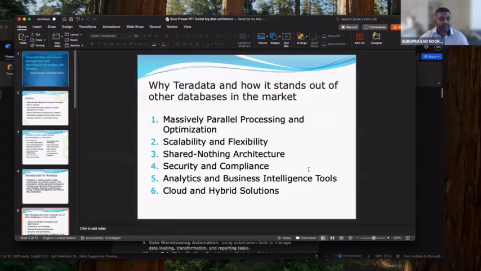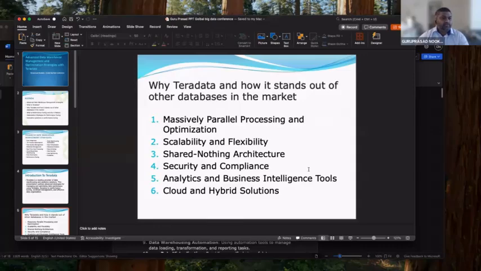This is a unique feature of Teradata that we don't see in other databases in the current market. Teradata also uses advanced optimization techniques such as join indexes, hash indexes, aggregate join indexes, and compression to enhance query performance and reduce storage space as well.